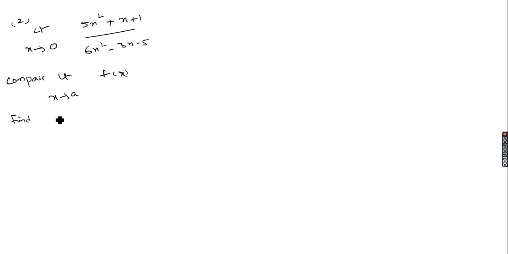We find L. Therefore a is equal to 0 and f of x is equal to 5x square plus x plus 1 by 6x square minus 3x minus 5.